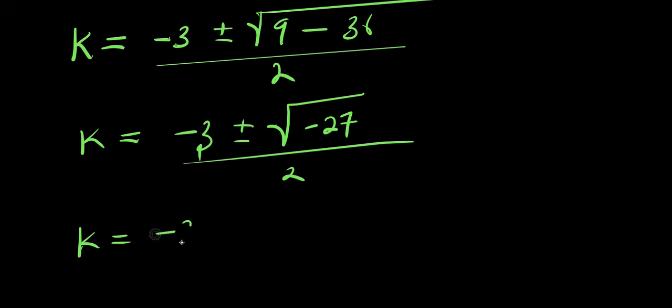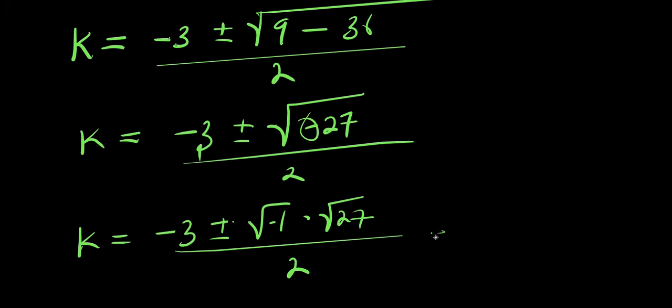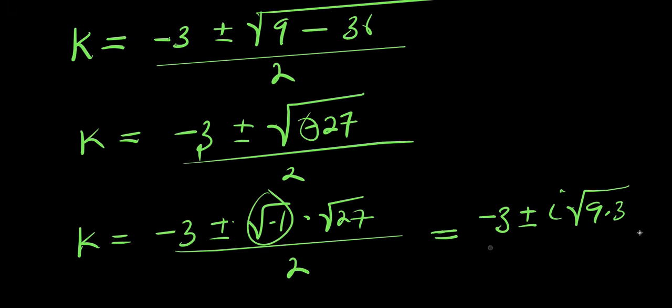So k equals negative 3 plus or minus square root of negative 1 times square root of 27, divided by 2. This equals negative 3 plus or minus i times square root of 27, that is 9 times 3, divided by 2.